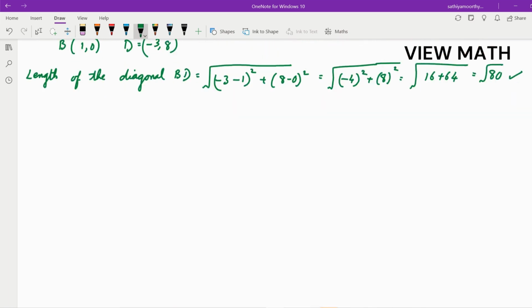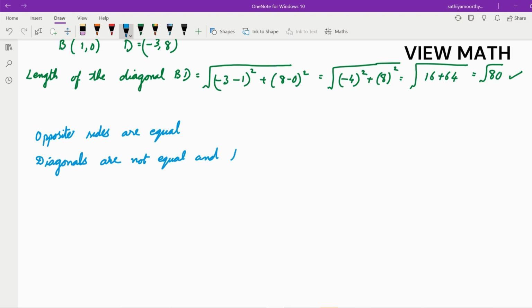So what have we got? Opposite sides are equal, diagonals are not equal, and the diagonals cut each other at the midpoint.